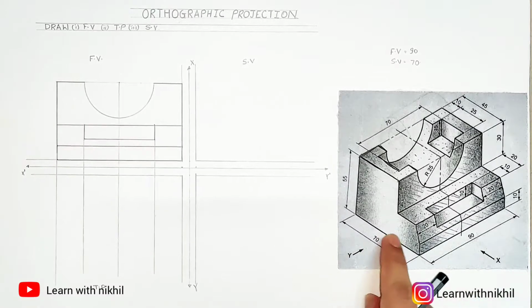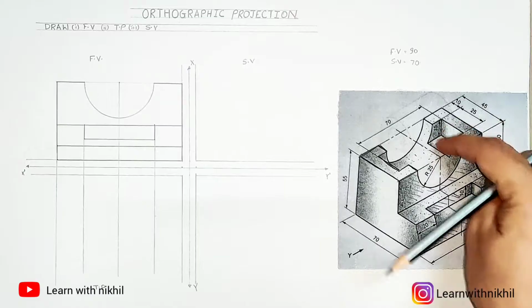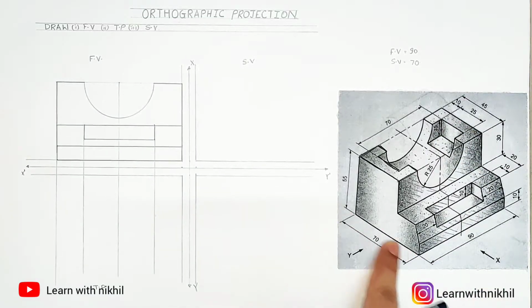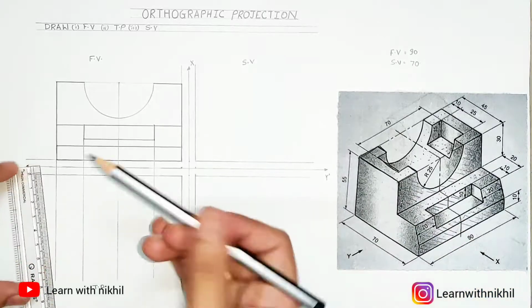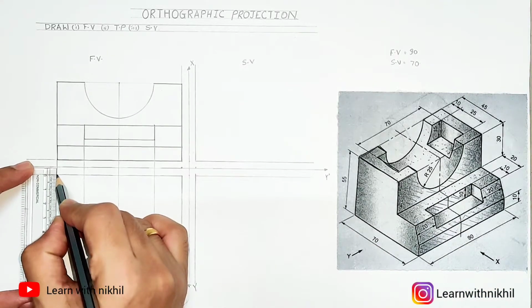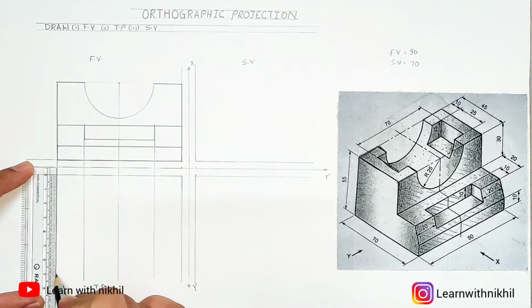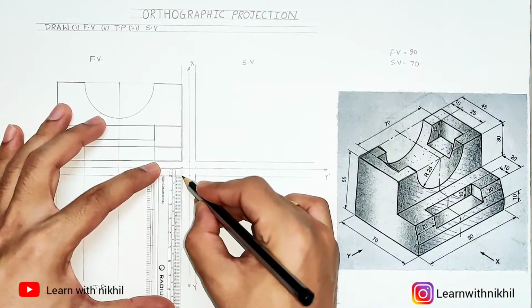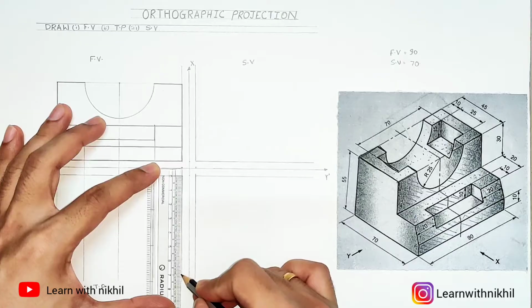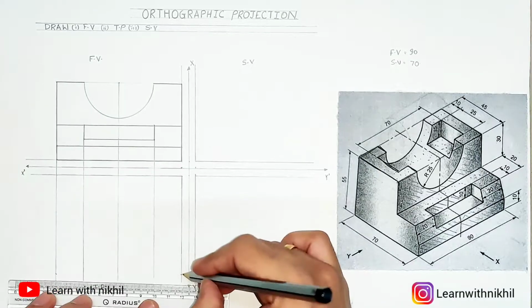Now for drawing the top view, the height is 70 and the thickness 90 has already been taken from the front view. So we'll mark the height of 70 millimeter and then join it.